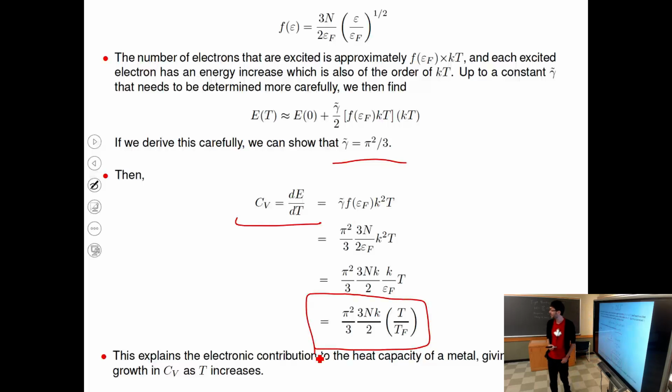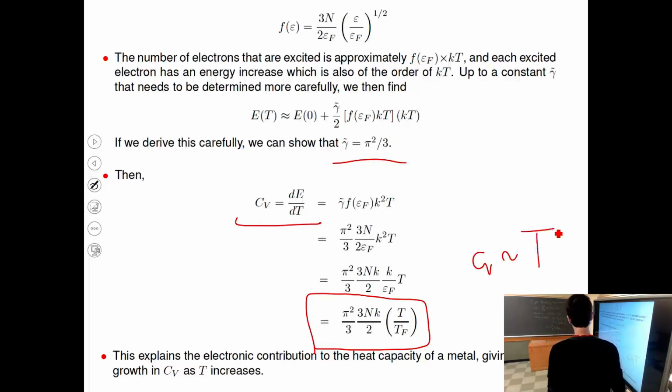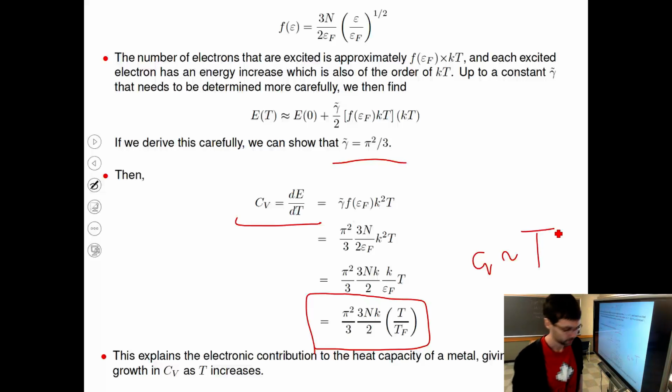Now this correctly predicts that heat capacity is proportional to T. If you remember, that was the outstanding puzzle that we didn't resolve from heat capacity measurements as a function of temperature. And so now we know that this linear term, this T term, comes from the electron subsystem living in a solid. Cubic term comes from phonons. Linear term comes from electrons. Okay?